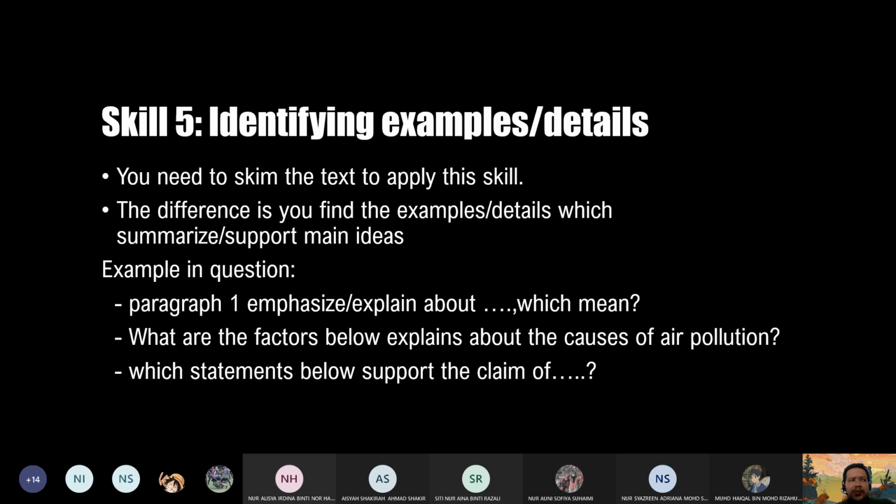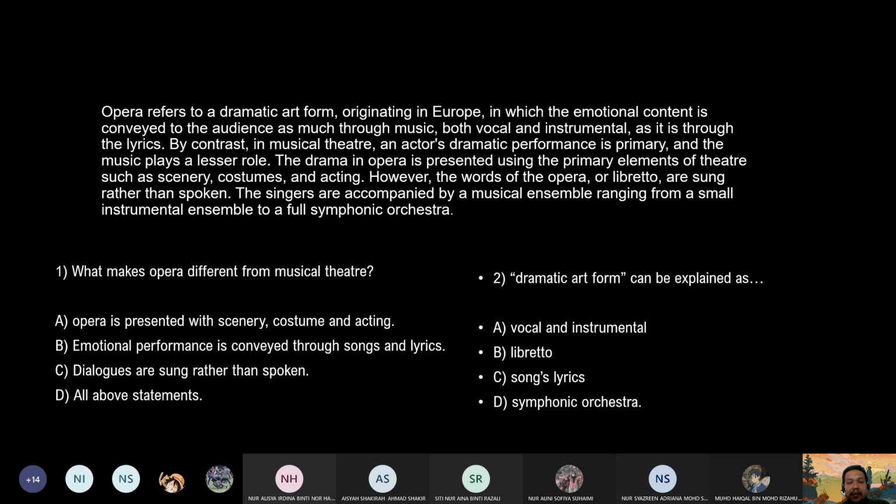So of course you need to skim, and then you identify the example after doing the skimming process. That one is the theoretical part, and this one is how the question needs you to use this skill. I'll give you some time.